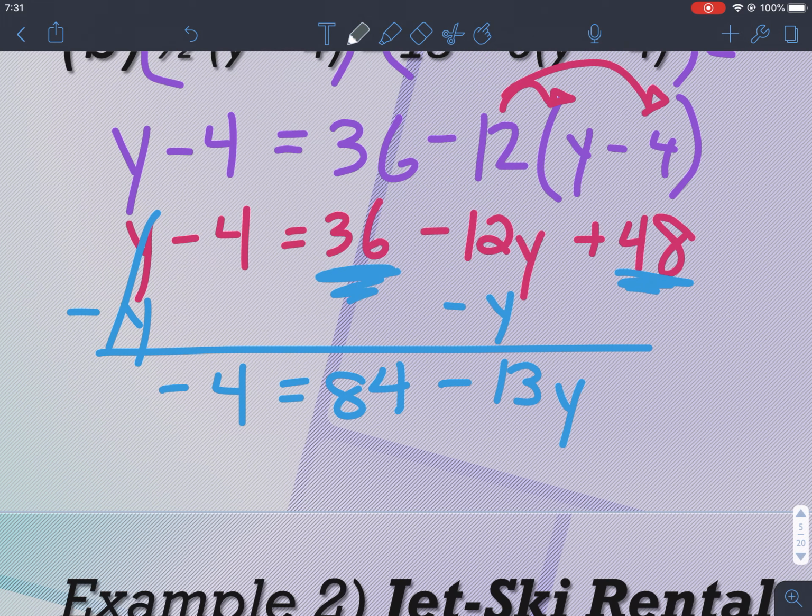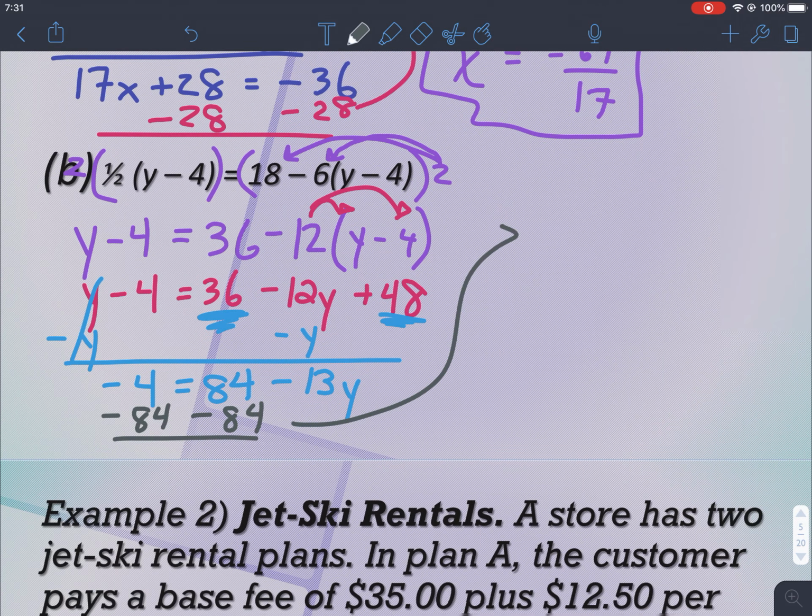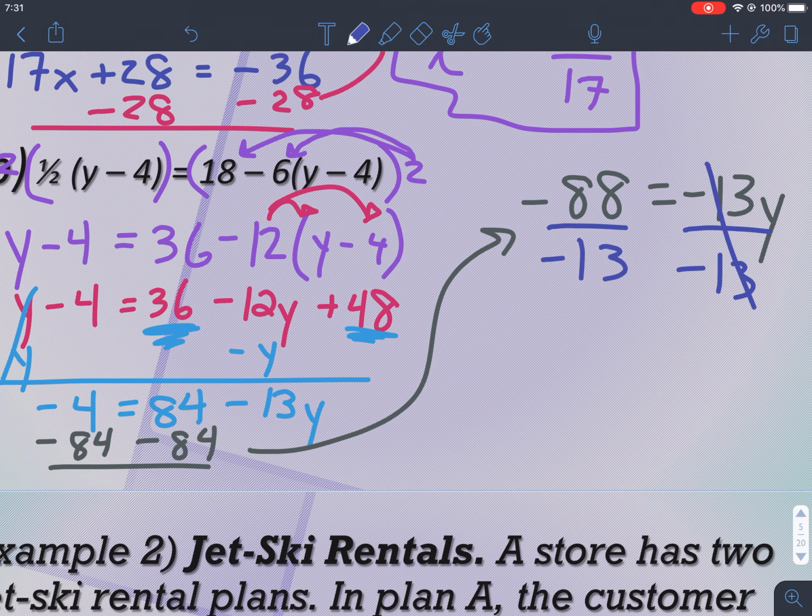And now I will subtract 84. Negative 88 equals negative 13y. And finally, divide by negative 13. Two negatives equal a positive, so 88 over 13.